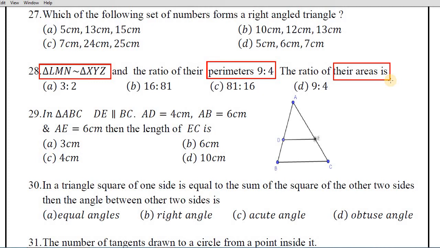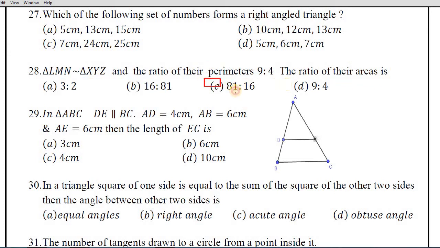It means the ratio of areas of two similar triangles will be equal to the ratio of squares of their perimeters. So is the perimeter given or not? What is the perimeter ratio here? That is 9:4. So make a square of 9, that is 81. Make a square of 4, that is 16. Therefore, for this question, the right answer is option C, 81:16. So question number 28 is over.